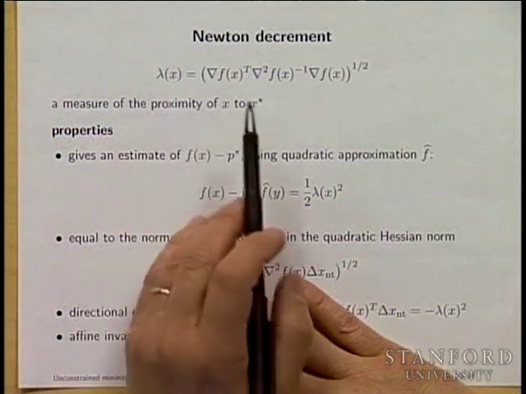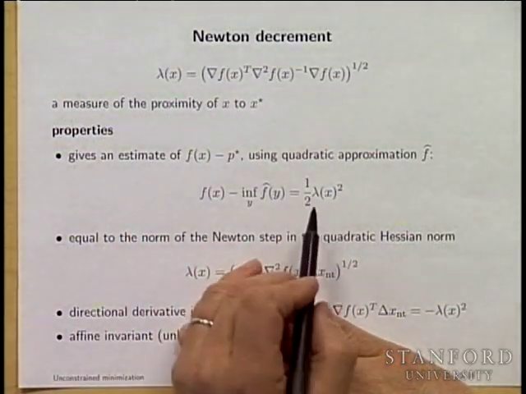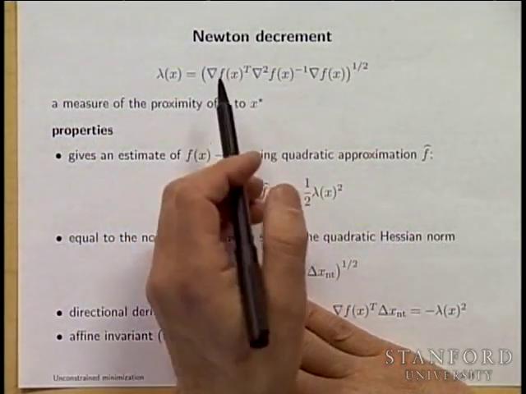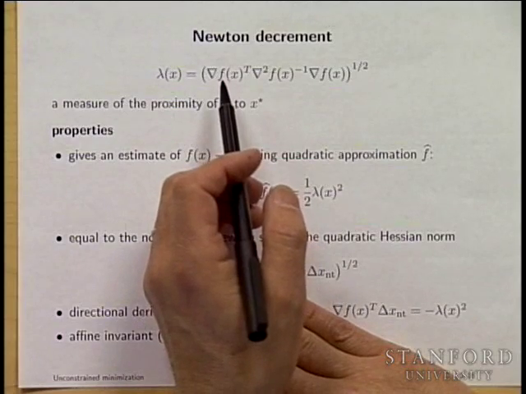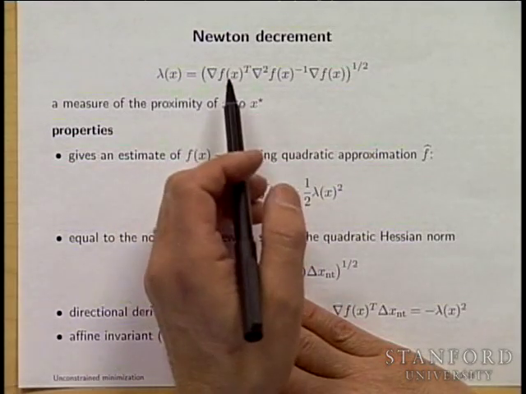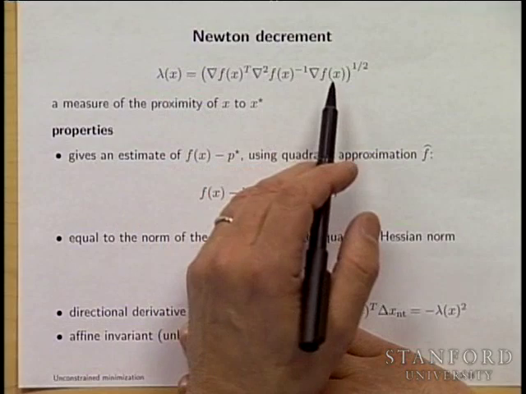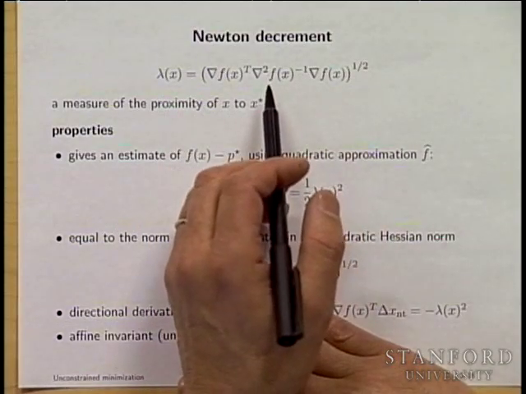Let's look at the Newton decrement. Actually, the Newton decrement squared is defined as this. Lambda is the norm of the gradient, but in the metric induced by the Hessian.